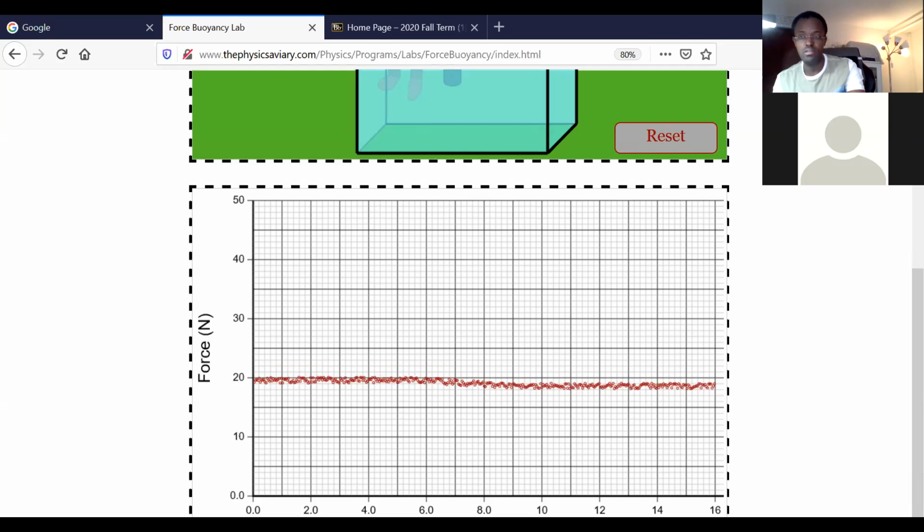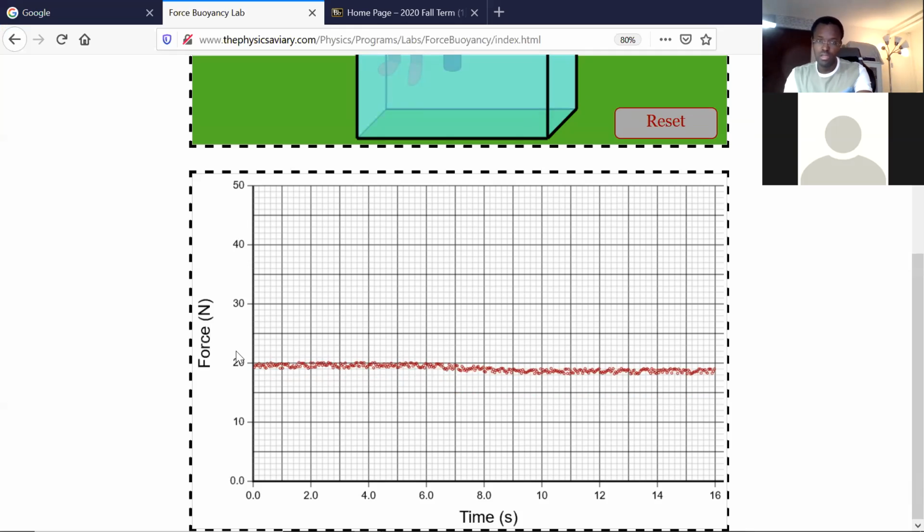Okay, I'm seeing the actual weight too. Seems to be 19.5, 20, 19.5. And the apparent weight looks like 18.5 to me, 19.5, 18.5 or 19. So the buoyant force is the difference between the two. So that would be about 1.